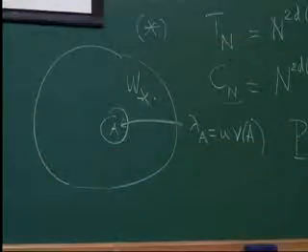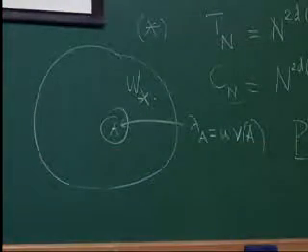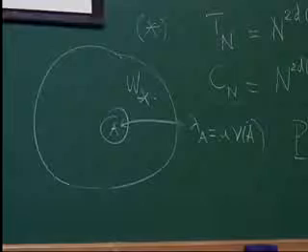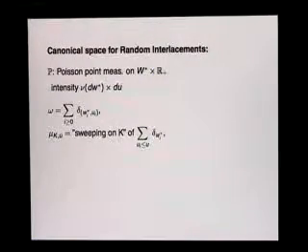The canonical space for random interlacements is Poisson point measures on W star product R plus. And the intensity measure is going to be nu product du. And your configurations that you are going to look at are these bilateral trajectories modulo time shift and some labels which are going to have to do with the u.